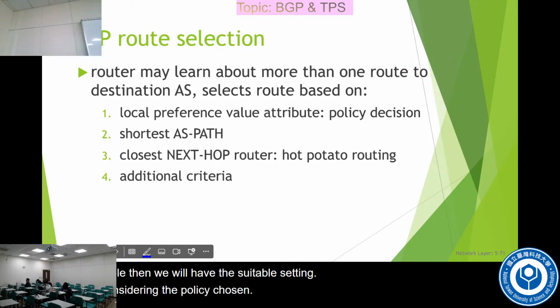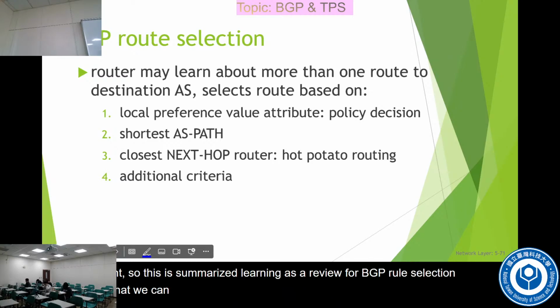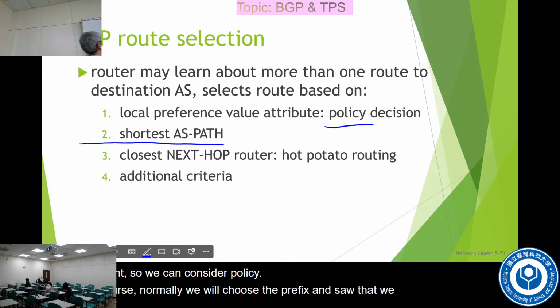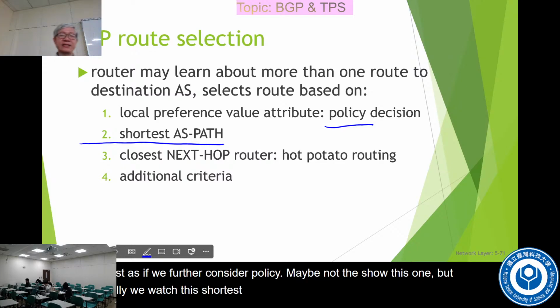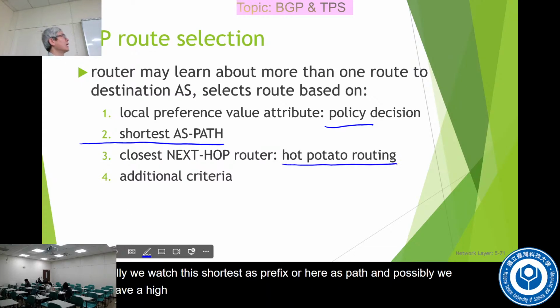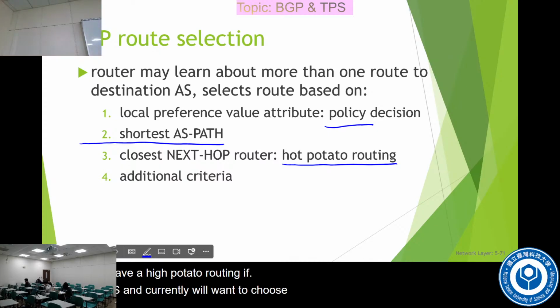All right, so this is the summary, serving as the review for BGP route selection and what we can do. So we can consider policy. Of course, normally we will choose the prefix with the shortest AS path. However, if we further consider policy, maybe not the shortest one. And possibly we may have hot potato routing: if in an AS we want to choose the gateway, then we will have those.